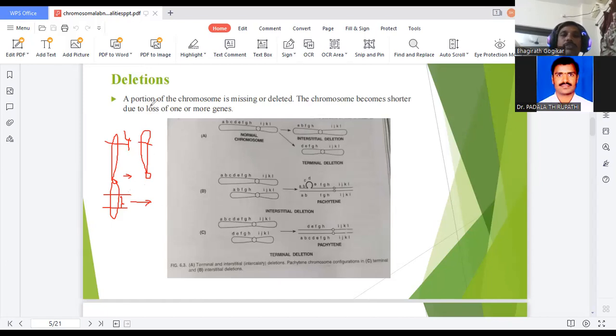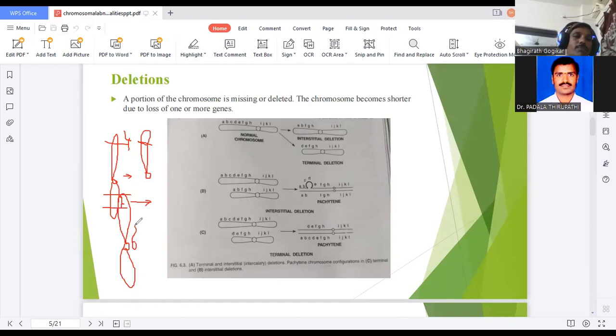But in the case of deficiency, one break is enough to remove the terminal part of the chromatid. So in this case, what happened? Just observe: the chromosomal complement, the haploid set, is there, and in one chromosome a small portion is deleted.